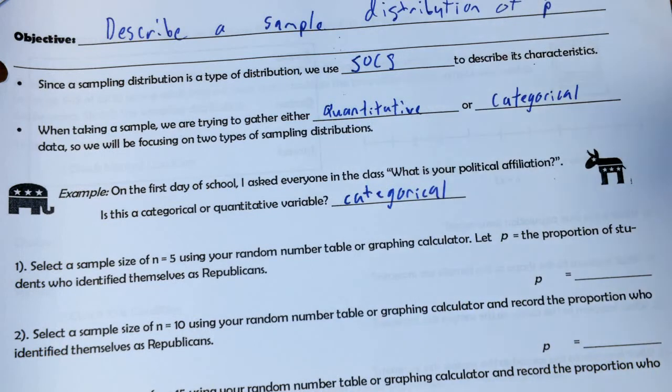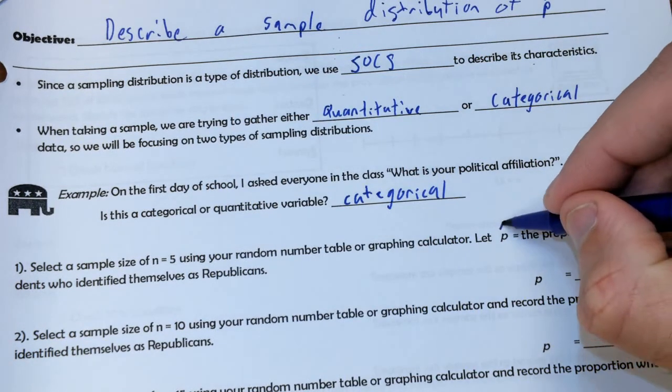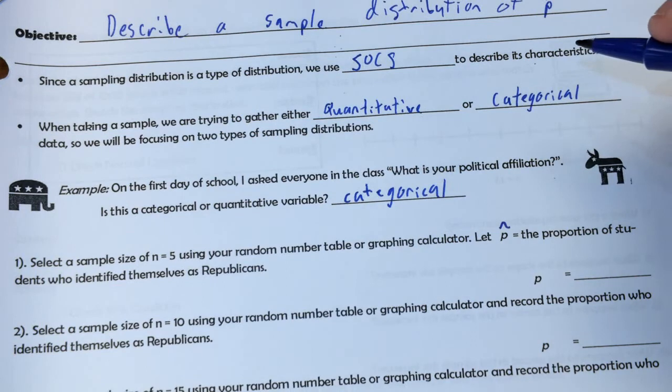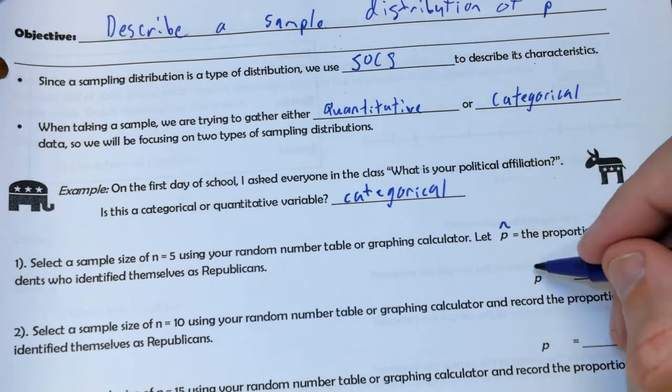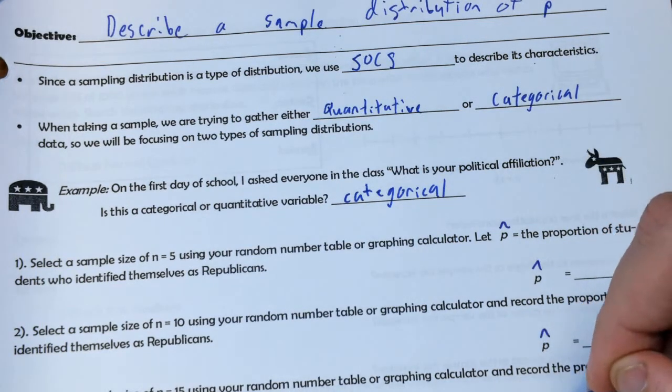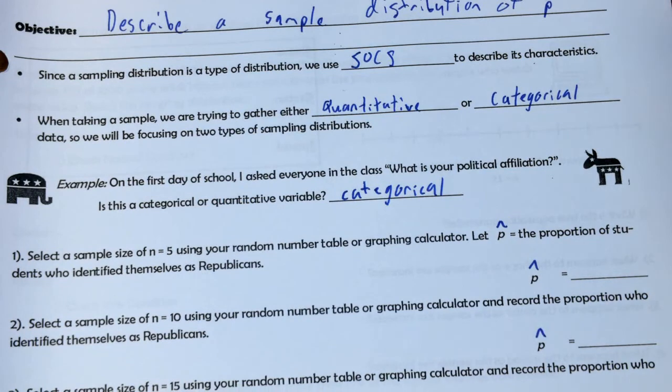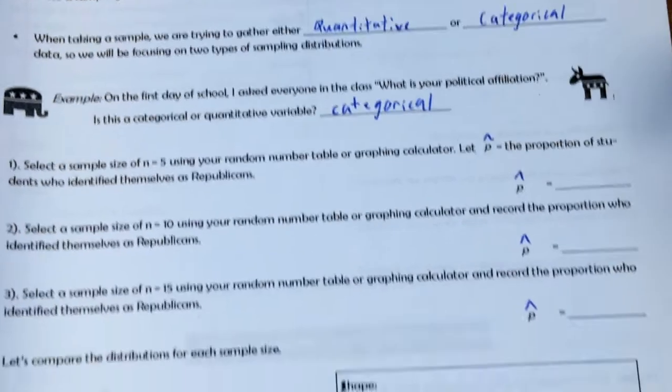So at last class, you took a look at your random number table, your graphing calculator, and you saw that p-hat is what you should be having here. And you looked at what proportion of students identified themselves as Republican. And then you compared each of those different categories.